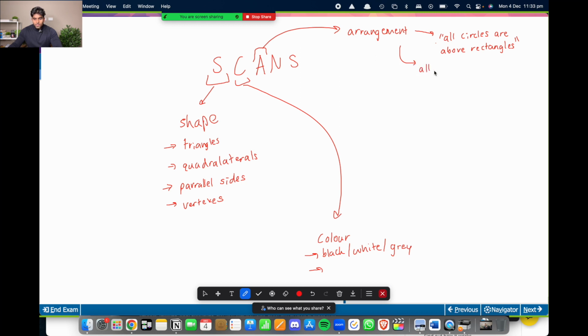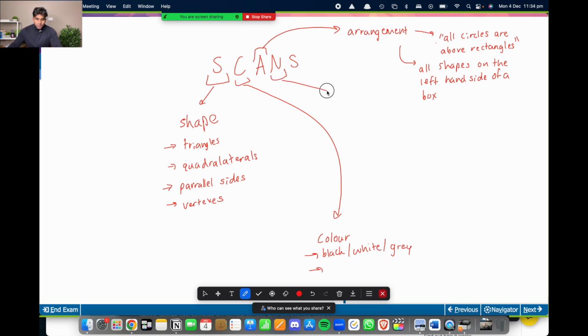Or maybe all shapes are on the left-hand side of a box, whereas the other one, set B, might be all shapes on the right-hand side of a box. Or vice versa.